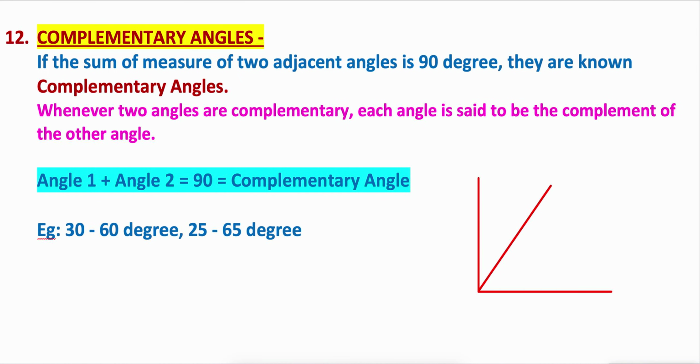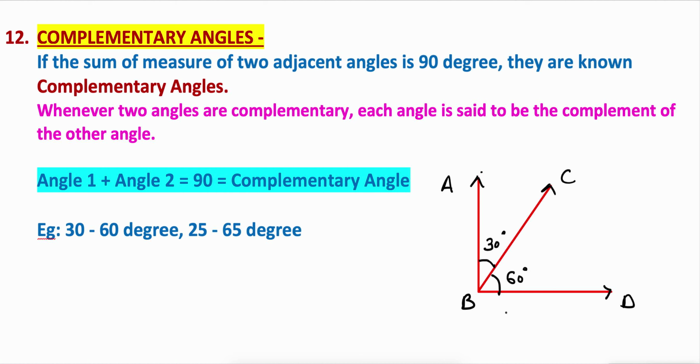If the sum of the measure of two adjacent angles is 90 degree. Suppose this is angle ABC, which is 30 degree, and angle CBD is 60 degree.